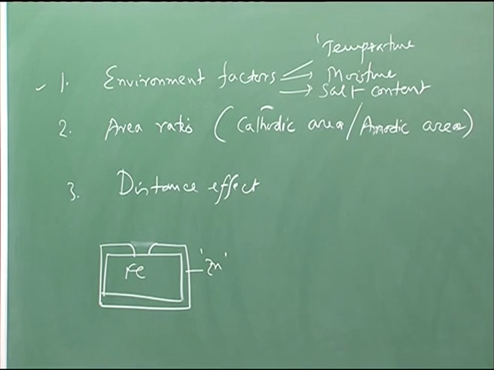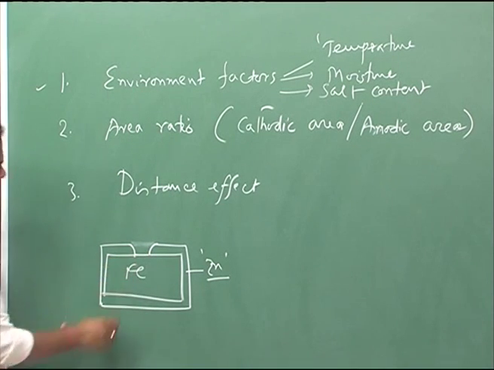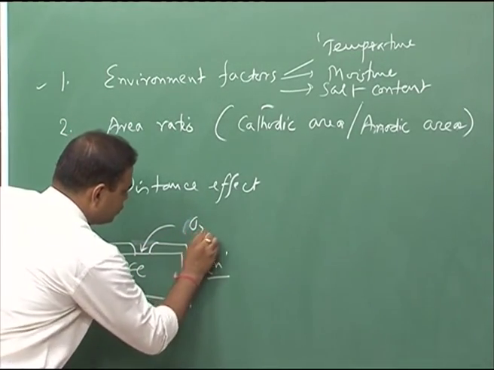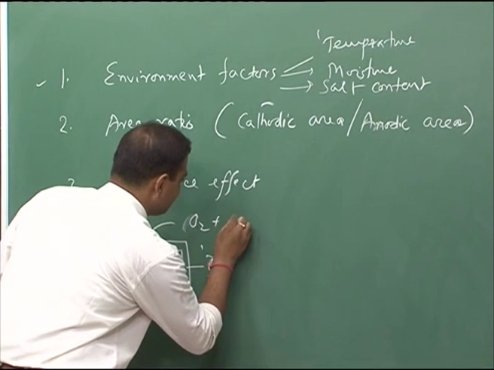Since zinc is active in the series compared to iron, the iron surface will act as cathode. The cathodic reaction is O2 plus 2H2O plus 4e forming 4OH-, in normal atmosphere or sea water.